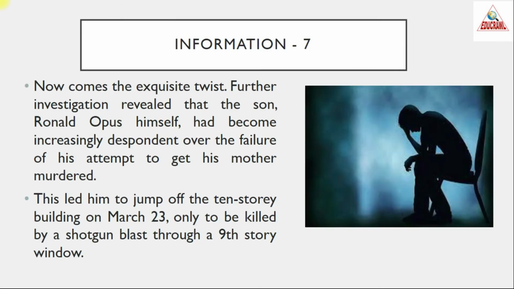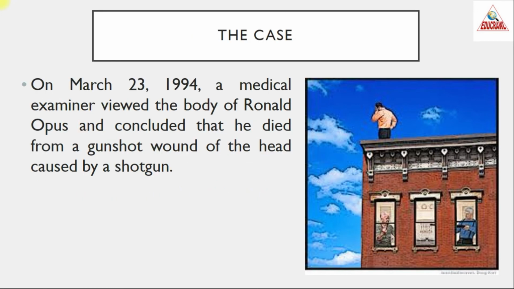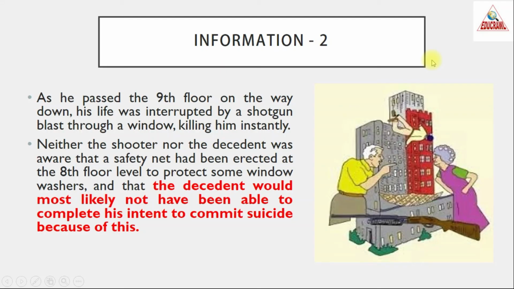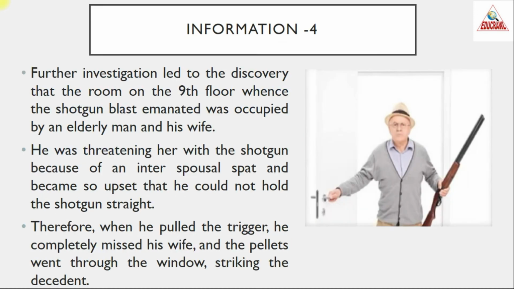Now, we will see the information one by one. At the start of the case, you thought somebody killed Ronald Opus. Based on the first information, we thought it was a suicide. Based on the second information, you thought it was an accident. Based on the third information, you came to the conclusion that it was a murder. Based on the fourth information, you saw it was an accident.